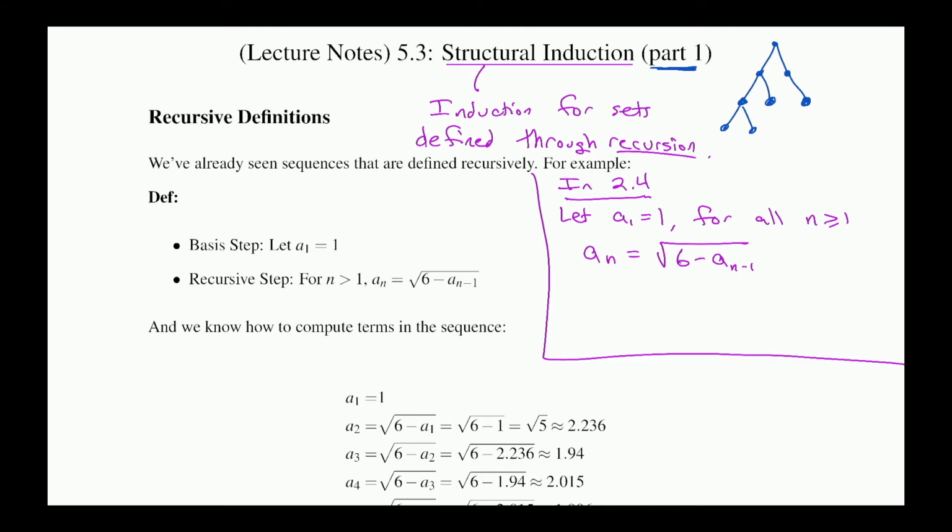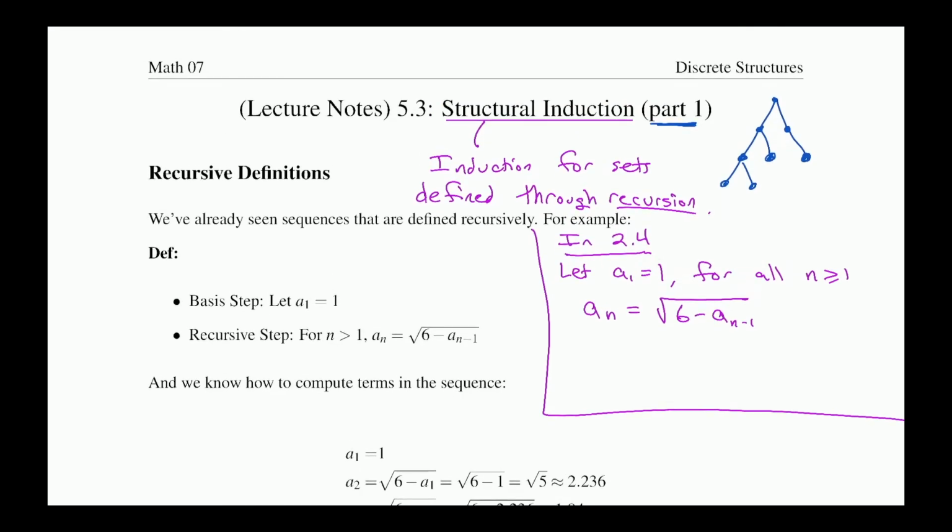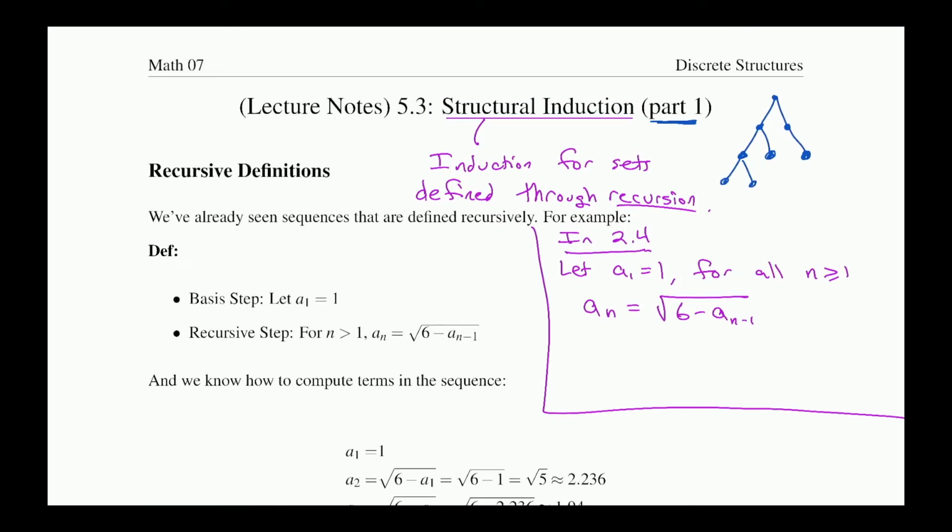And if you actually went through and you calculated the numbers, they're the numbers that we have written down here, but we'll look at them in a second. But this is how we wrote the definition, just like this. And the point is that we called it a recursive sequence, but we didn't have any other notation about it. So in 2.4, we had this, and we called it a recursive sequence, or a recursively defined sequence.